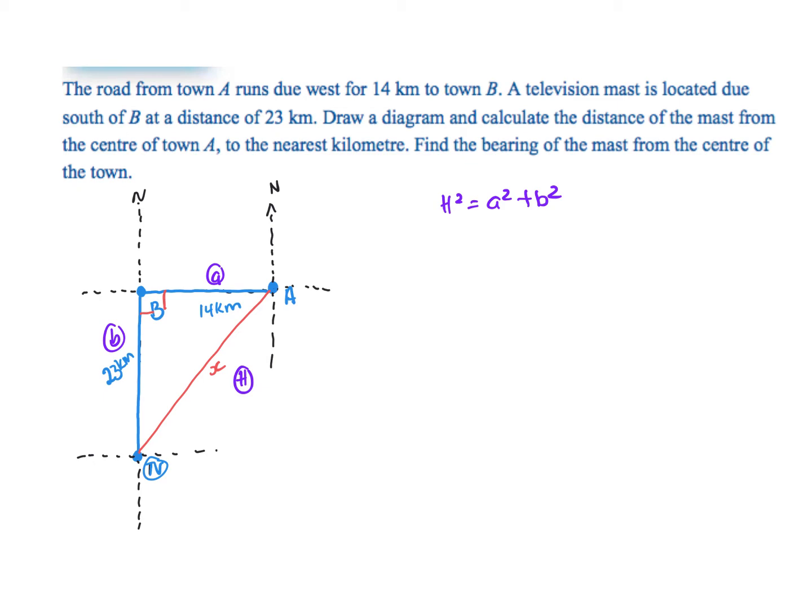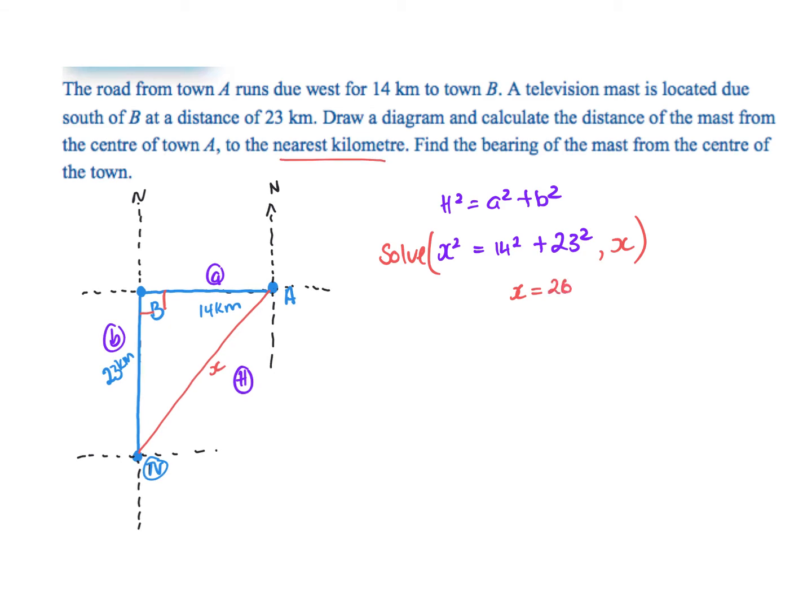So I can pop that in. So X squared equals 14 squared plus 23 squared. And we can just use solve in that, comma X, and we can find what the distance is. So find the distance, that's what we've first done. It said to the nearest kilometre, so I just have to round to the nearest whole number.